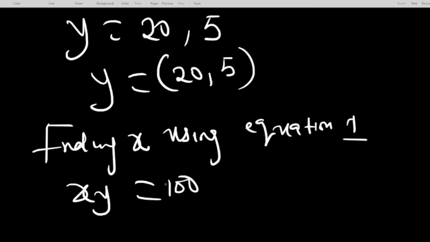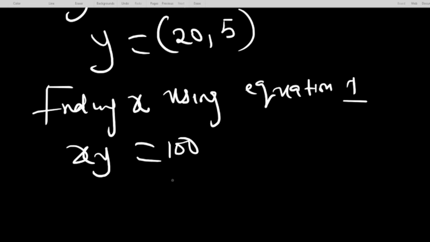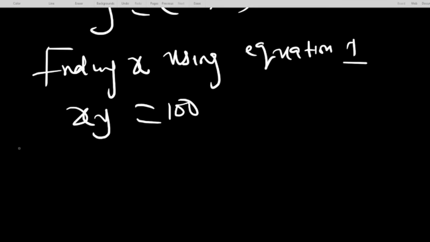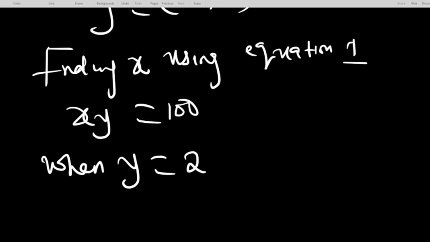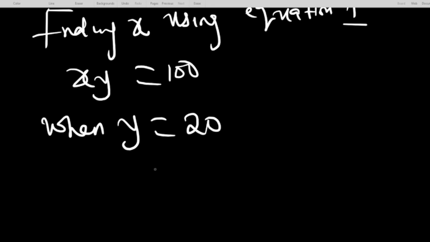Remember that there are two values of y in this case, okay? So since there are two values of y, there will also be two values of x. So I'm going to say when y equals 20, remember that y has two values, 20 and 5. So we find the value of x when y is 20.